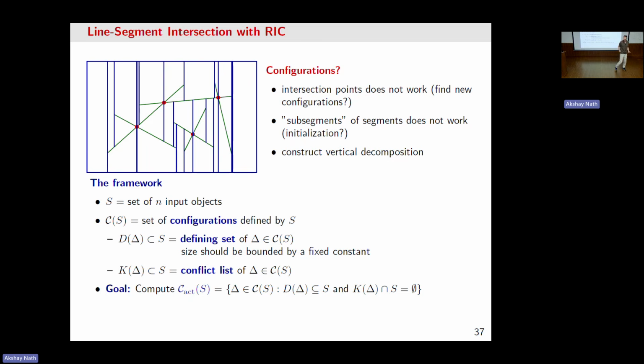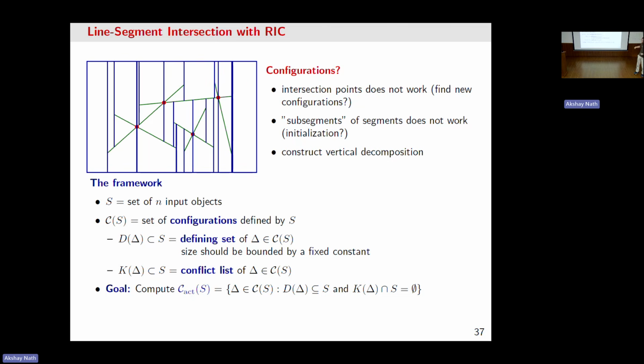That is not allowed in the framework, because then it's not that it's present if and only if you have the defining set and nothing from the killing set. It will be present if and only if you have the defining sets and the killing sets, and they are added in this particular order. That doesn't fit into the framework. So that's one thing where you have to be careful when you define the configurations.